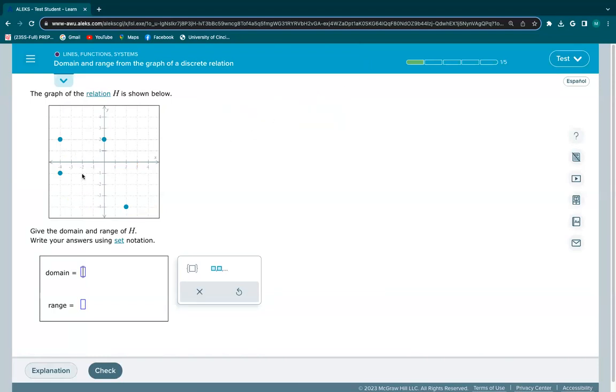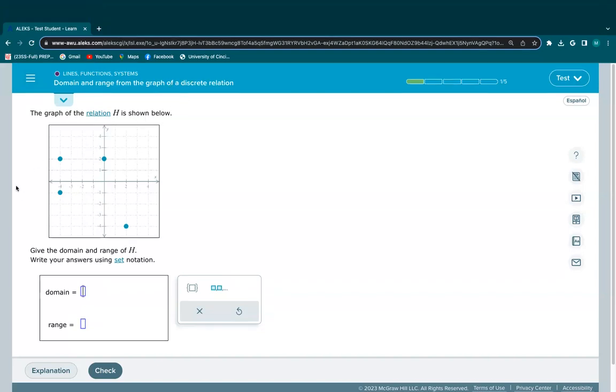All right, so we can label the points. It's sometimes a good thing to do. So if I look at this one, this is -4, 2. This one is -4, -1. This is 0, 2. And this is 2, -4. All right, so domain, we are talking the x's still.